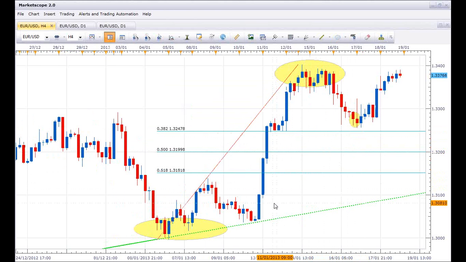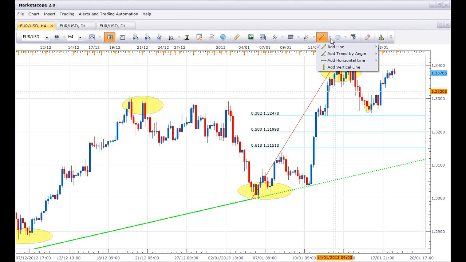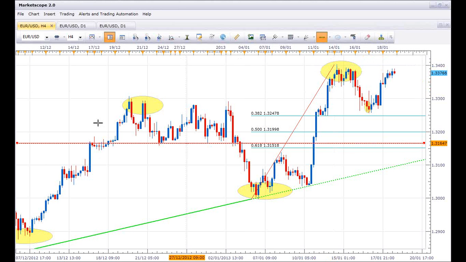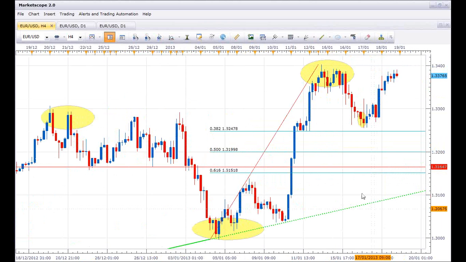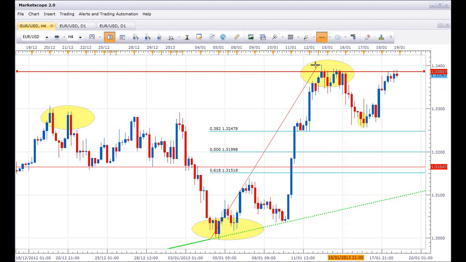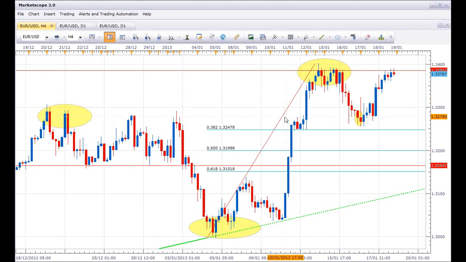I put my stop pretty much around here, on the base of that. Entry was there, and target was around here. All right, perfect. So target got taken and also made money.